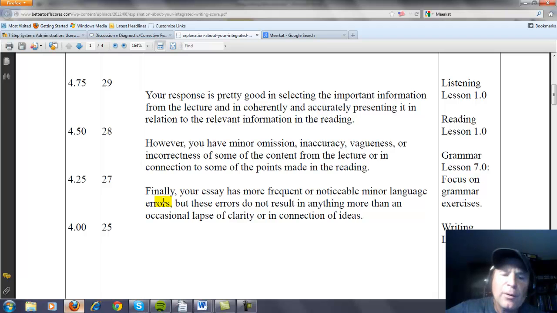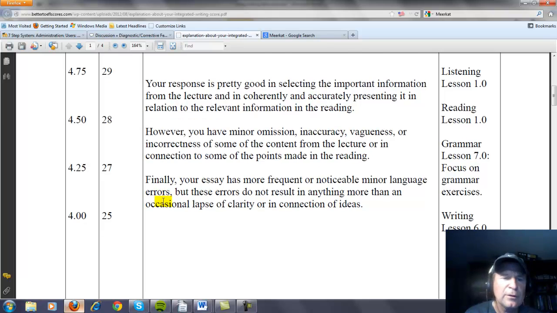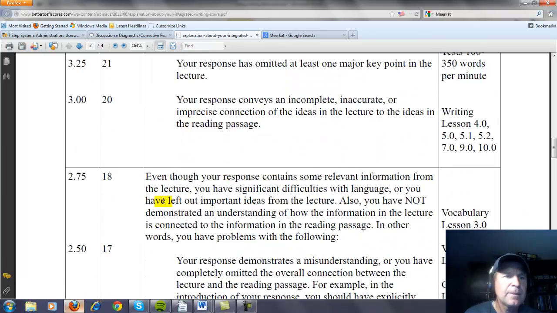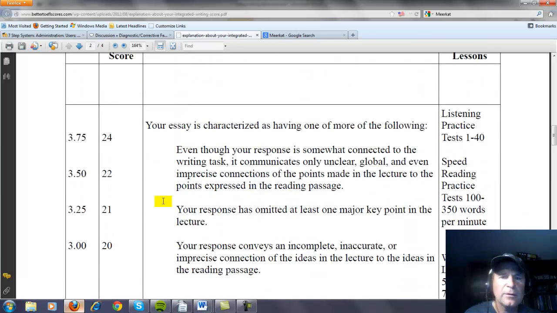There were some problems in understanding the ideas. In fact, if I wasn't able to read the passage or listen to the lecture, maybe that's a good thing, because it lets me know that you did have some problems communicating your ideas because of the word choice. Okay, so I'm going to put you down in the 3 range.